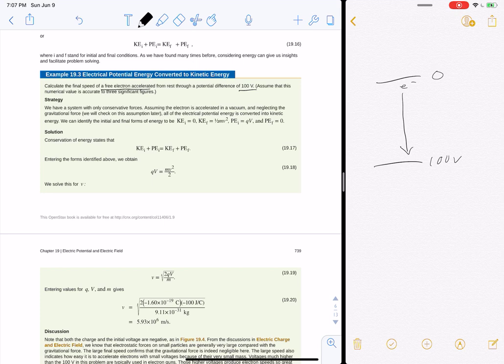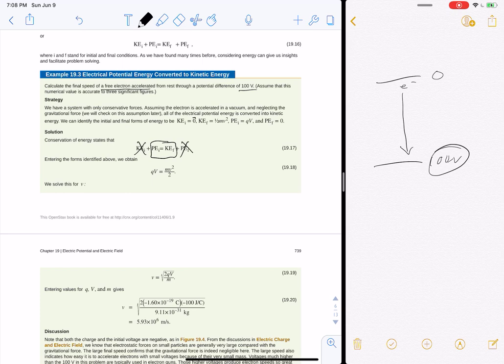Well, we've got 100 volts of potential energy, and we have to convert that to kinetic energy. Total initial energy is equal to total final energy. Our initial kinetic energy is 0, so that goes away, and our final potential energy is 0. We're doing a pure conversion of potential energy to kinetic energy.